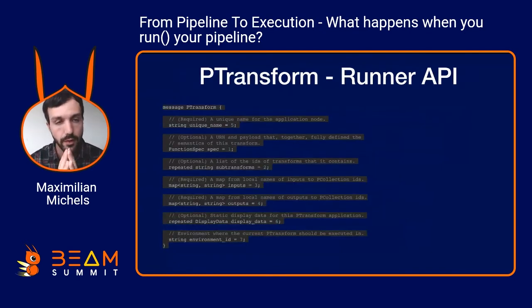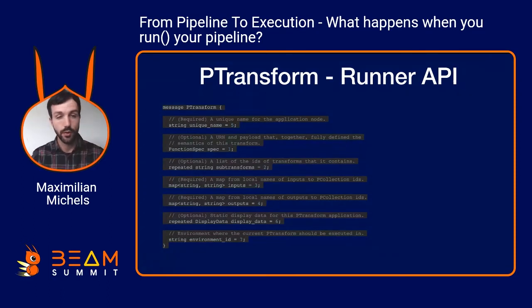So we saw the components, we saw the PCollection, the transforms. No, we didn't actually see the transforms. Let's look at them now. Again, a transform just has a unique name to be able to identify it globally. And we have this function spec, and this determines what kind of transform it is, what kind of primitive or composite transform.